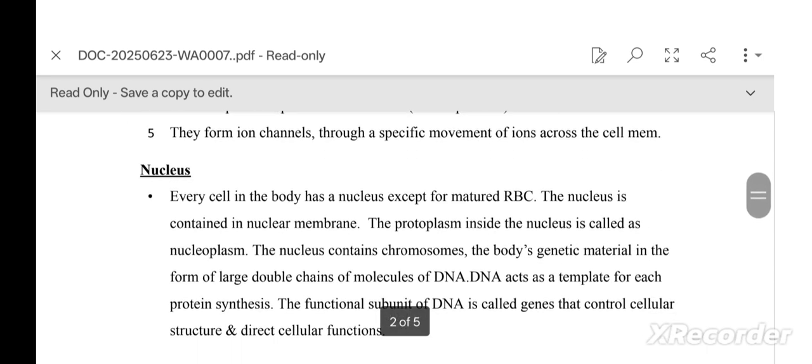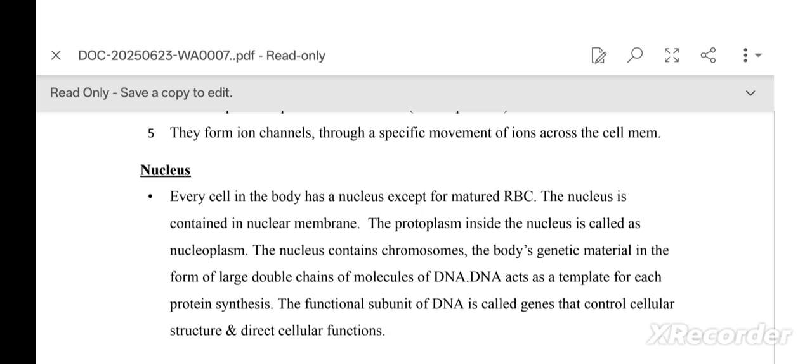Now what is the nucleus? Every cell in the body has a nucleus except the mature RBC. The nucleus is contained in the nuclear membrane. The protoplasm inside the nucleus is called nucleoplasm. मतलब प्रोटोप्लाज्म के अंदर न्यूक्लियस होता है तो उसी को क्या बोलते हैं, न्यूक्लियोप्लाज्म.